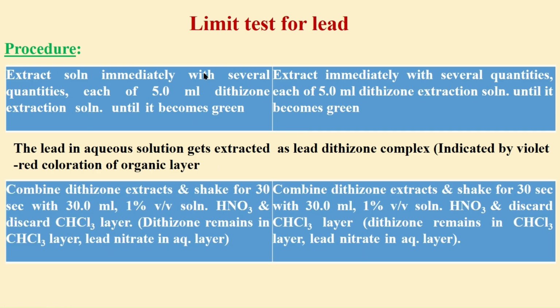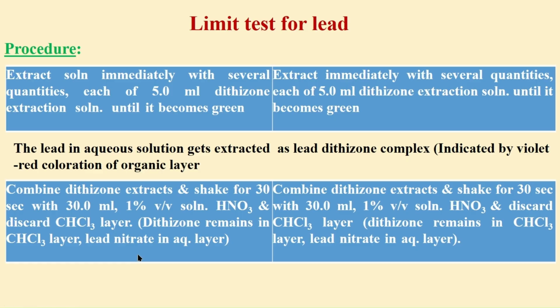Then we combine all the dithizone extract, which is violet red in color, and shake for 30 seconds with 30 ml of 1% volume by volume solution of nitric acid. When we extract with it, the lead present as a lead dithizone complex in the chloroform layer goes back into the aqueous layer as lead nitrate.